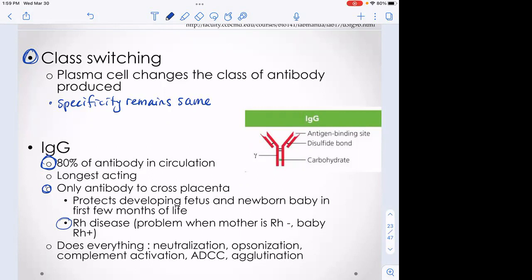It can cause death, sometimes just a mild anemia, but sometimes it can kill the baby. So luckily, we have something called RhoGAM shots, which are administered to women at some point during the pregnancy and right after birth of babies to help those mothers' antibodies be neutralized.